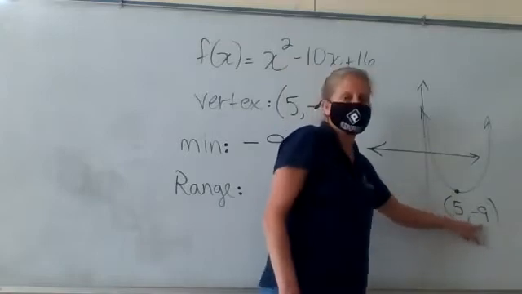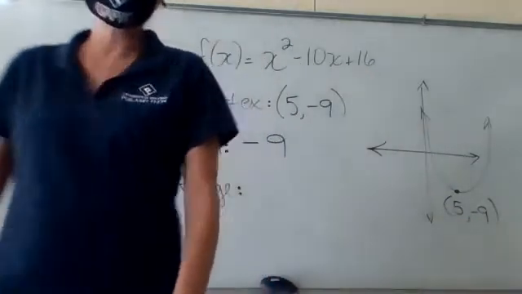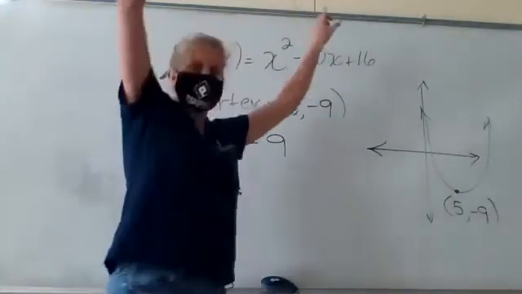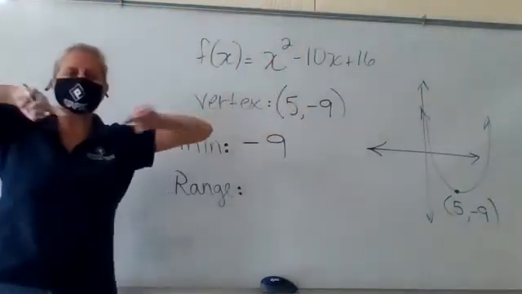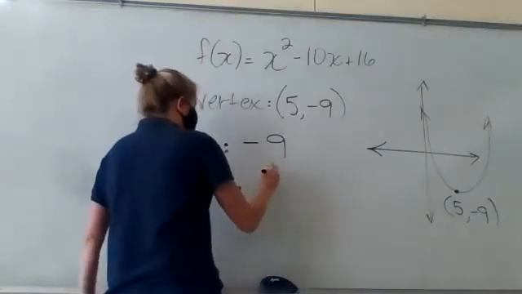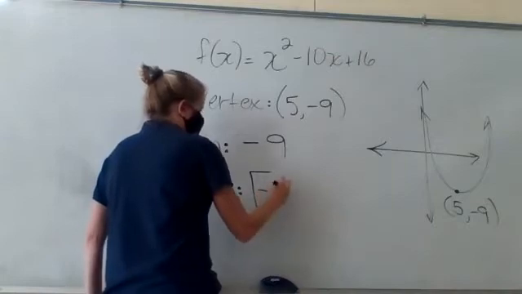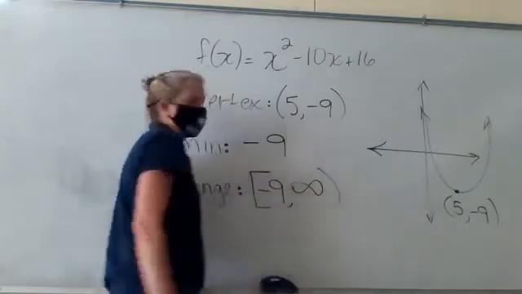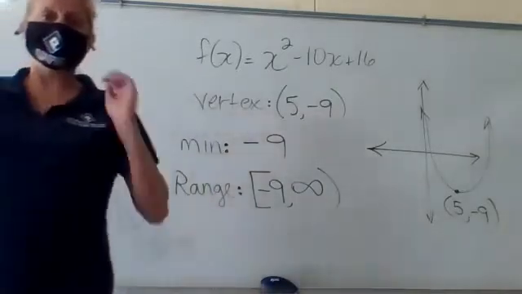So -9 is the lowest part of the range. From that point, it goes up on both sides, which means your y values are going up from -9. So my range, and I'm going to put a bracket, and I'll tell you why in a second, starts at -9, and then the y values go up forever from there.